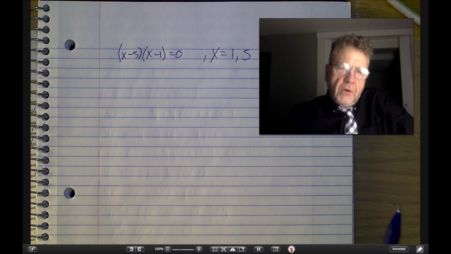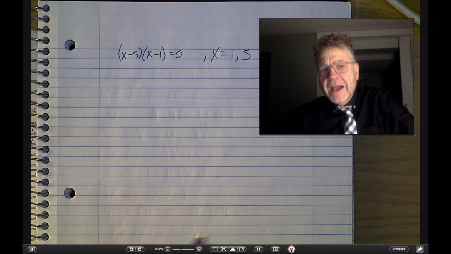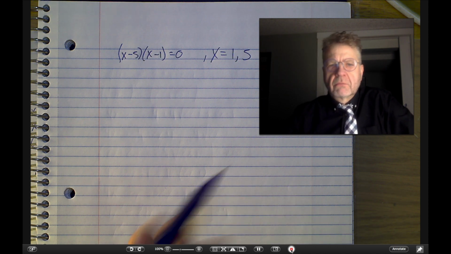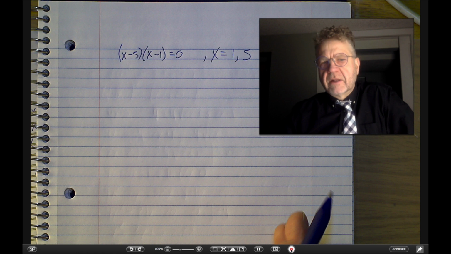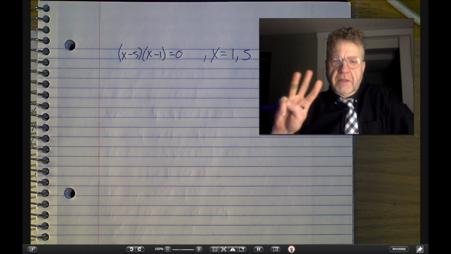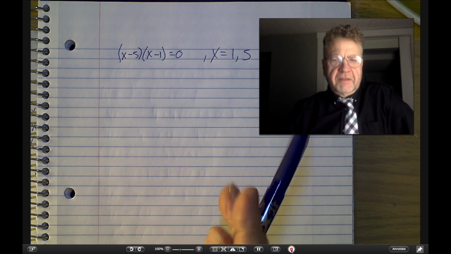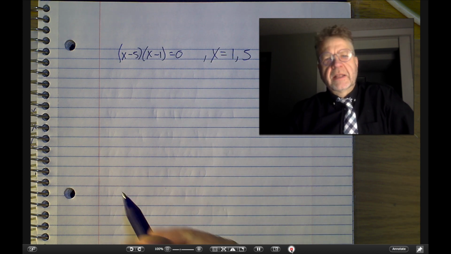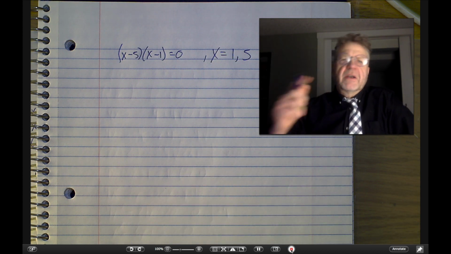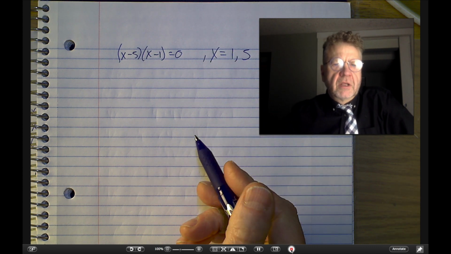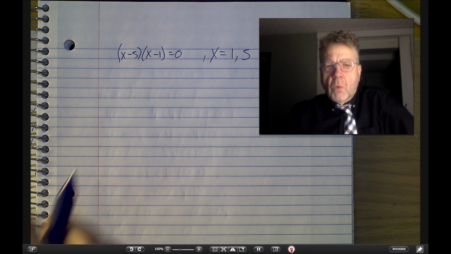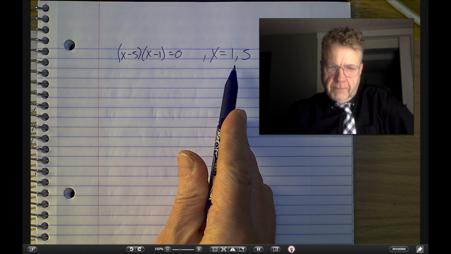One or both, or perhaps neither of those will work. And to find out which one of those three options there are, we're going to have to test x equals 1 in the original equation, and then x equals 5. Now, it's not very likely we're going to give you an equation for which there isn't at least one correct answer from here.